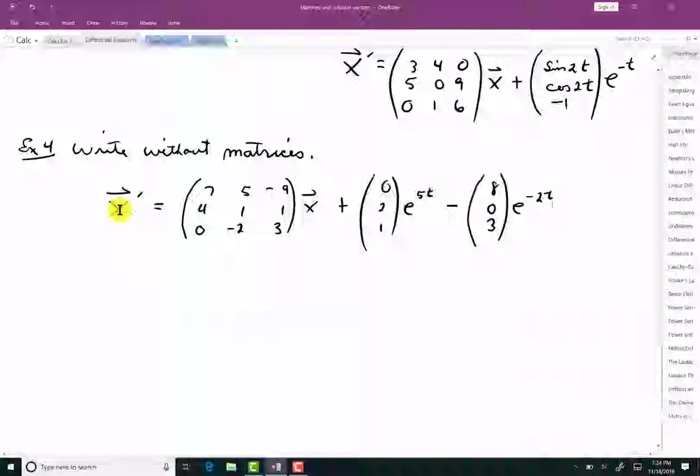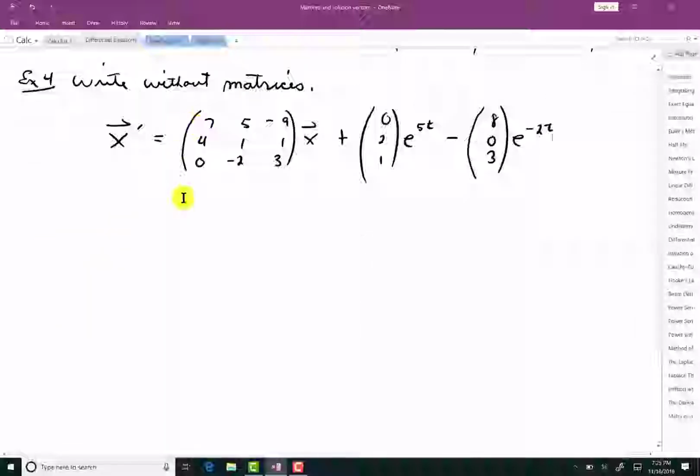And so on the left, I automatically have dx over dt, dy over dt, dz over dt. So let me go ahead and plug this stuff in. Here's what it looks like then. I'm going to have dx over dt, and you can read along the first row of this matrix and get 7x plus 5y minus 9z, and I've got this other stuff, plus 0 e to the 5t minus 8 e to the negative 2t.